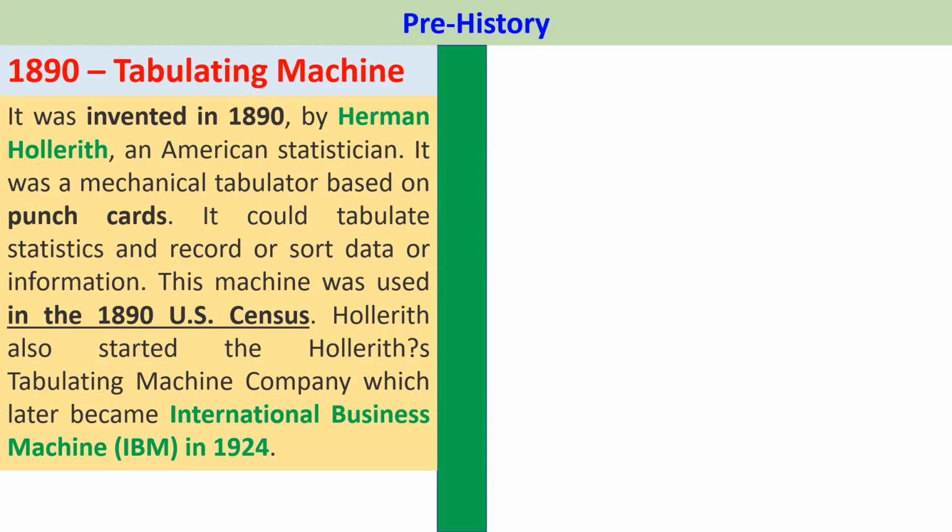Also in 1890, that person invented this tabulating machine. Then he formed a company. Later this company was named International Business Machines, IBM, in 1925. The pioneer of the IBM company is the person who invented this tabulating machine, Herman Hollerith.